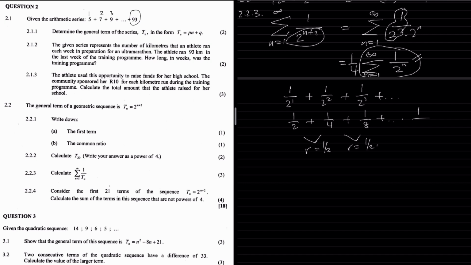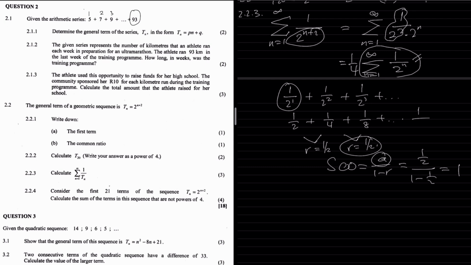And so we can work out the sum to infinity. The sum to infinity is going to equal a over 1 minus r. a is my first term, which is half in this case, divided by 1 minus r, and r is half.